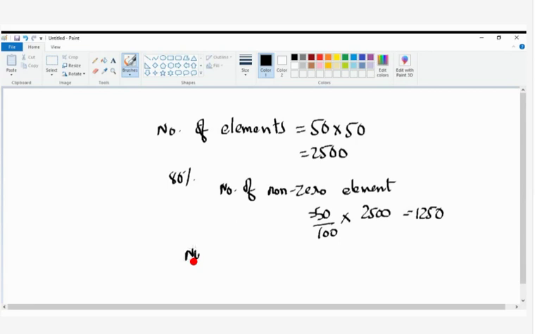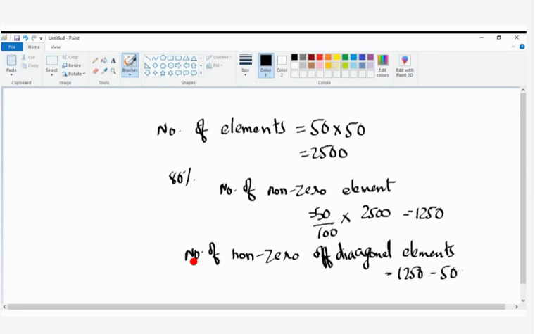The number of non-zero off-diagonal elements would be 1250 minus 50, that would be 1200. So it means that there are 1200 non-zero off-diagonal elements, right?